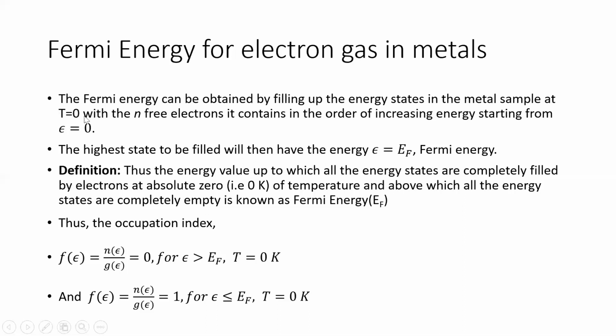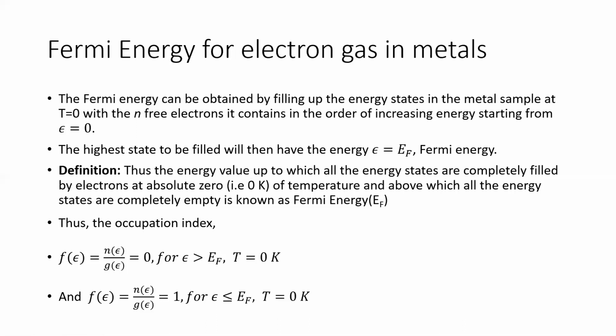So at absolute 0 temperature, all the electrons will try to occupy the lowest energy state, but the Pauli's exclusion principle prevents many electrons from occupying a particular state together. So only one electron can exist in one state.